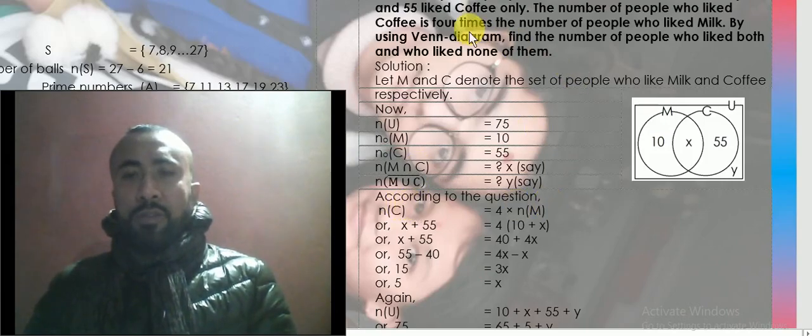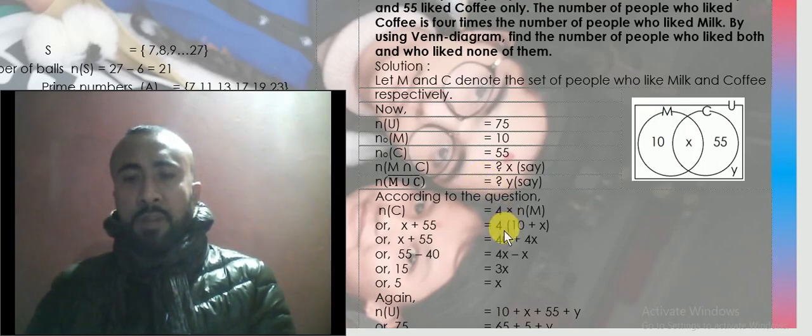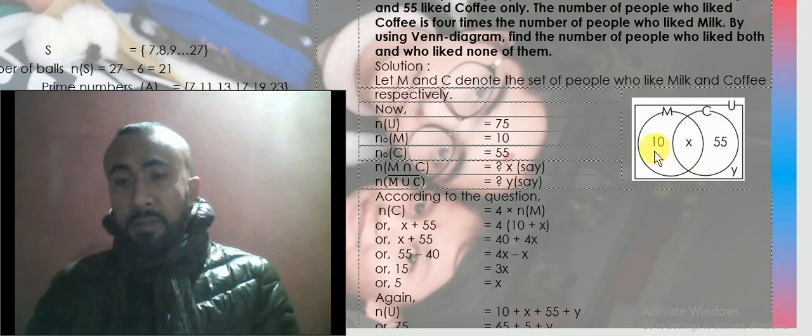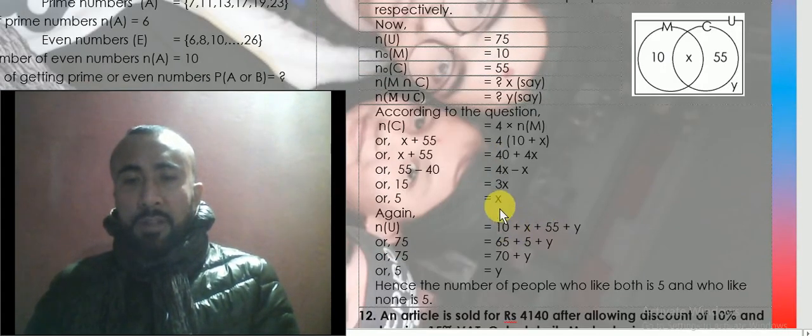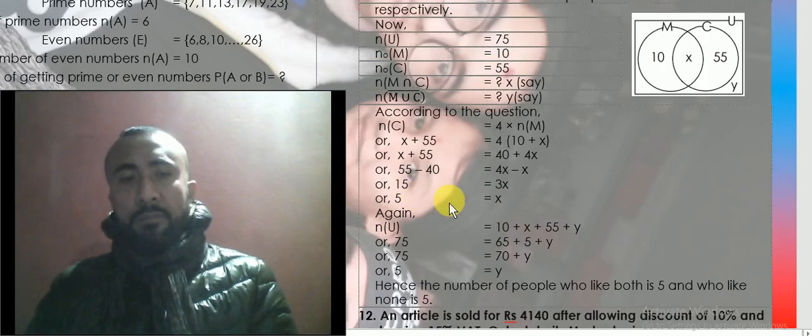Now according to the question, the number of coffee users is x plus 55, which is equal to 4 times the number of people who like milk, and those who like milk is 10 plus x. By solving this we get x is equal to 5.